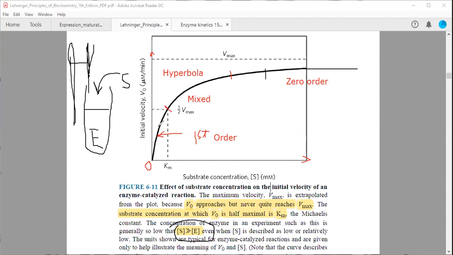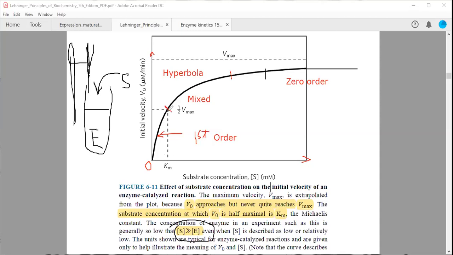With the increasing substrate concentration initially, these substrate molecules will occupy all the binding sites over the enzyme molecules, so that they will all be saturated. So you can assume this point up to here as first order rate kinetics, because with the increasing substrate concentration, all enzymes are free, and as soon as the substrate reaches the enzyme, it will bind over the enzyme active site.